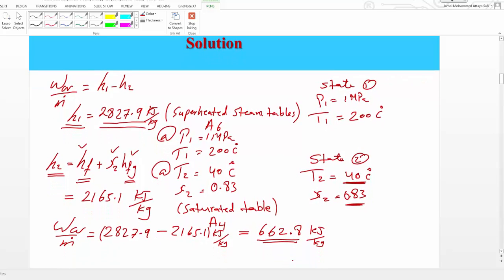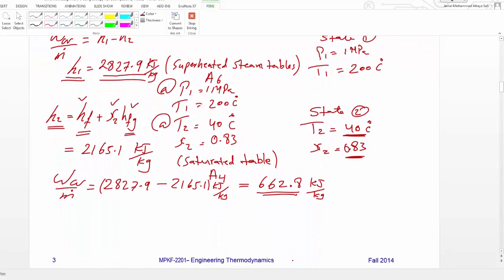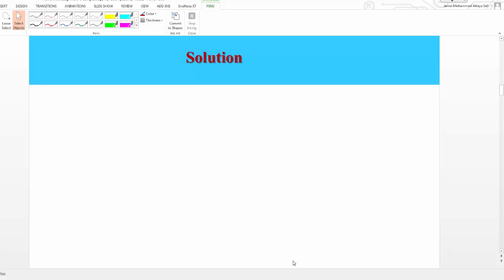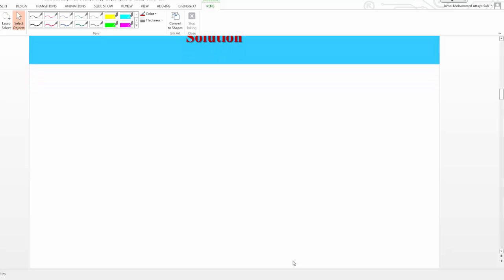Very straightforward. Okay, now he also asked to find the change in specific entropy. So what he's actually asking is, if we say B, find the change in specific entropy, sorry, which is ds, basically.